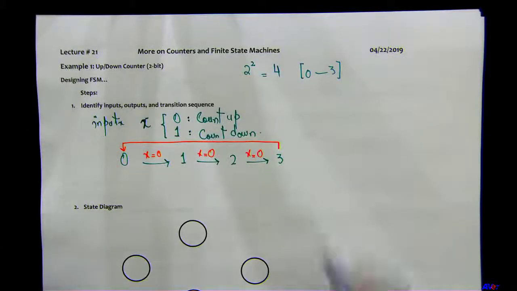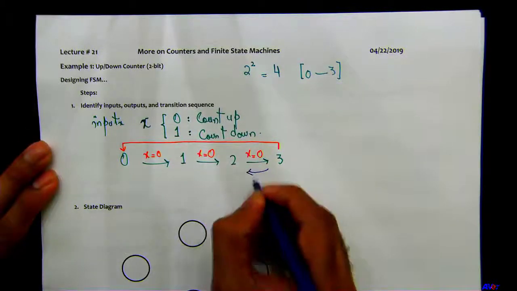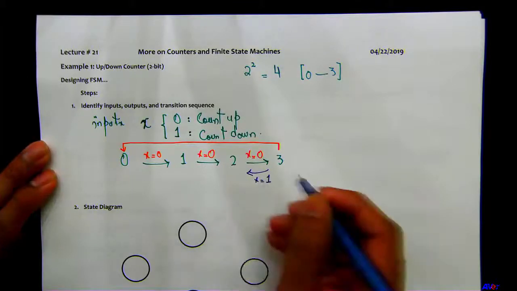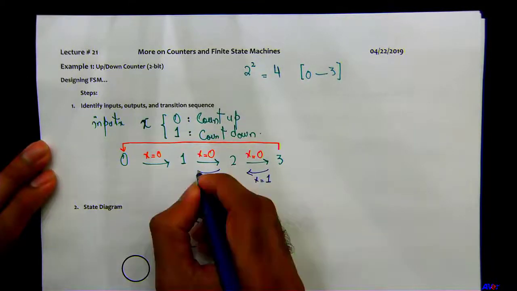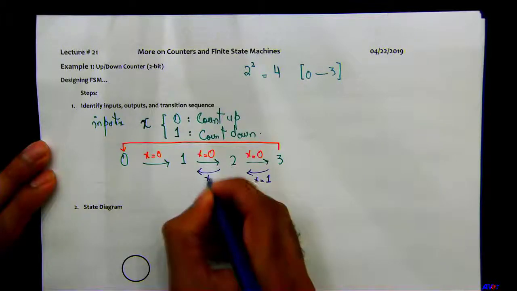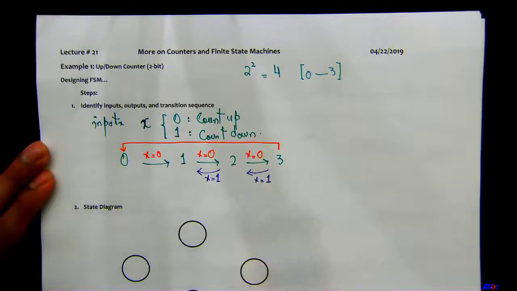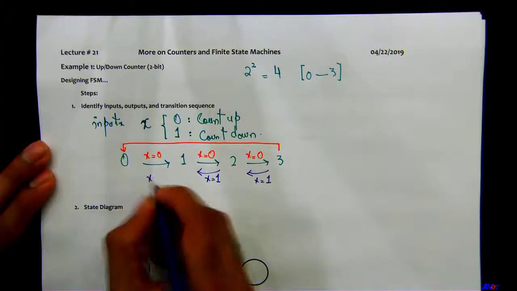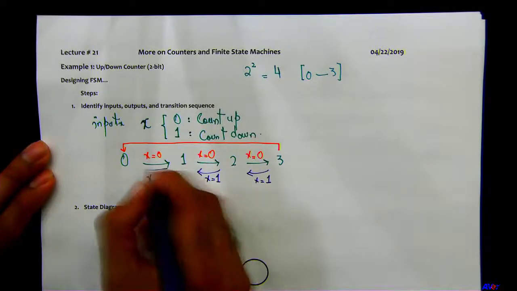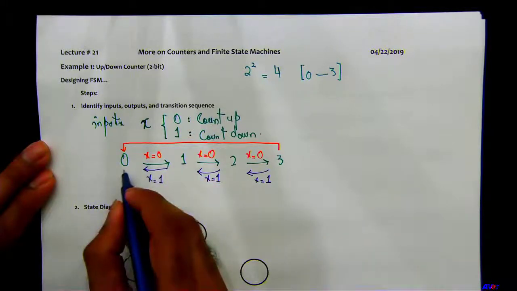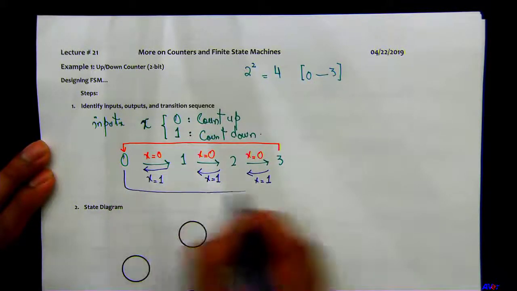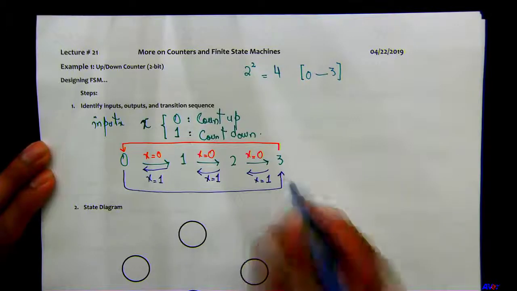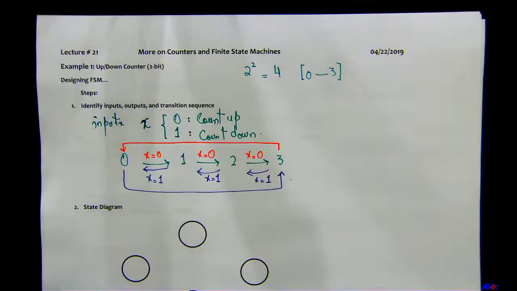If the present state is 3 and X is 1, it will start counting down, so it will go to 2. If the present state is 2 and X is 1, it's going to go down from 2 to 1. If the present state is 1 and X is 1, that means it's going to count down, and it's going to go to 0. And eventually after 0, it's going to go back to 3. So we've got our inputs, our outputs, and the transition sequence right here.